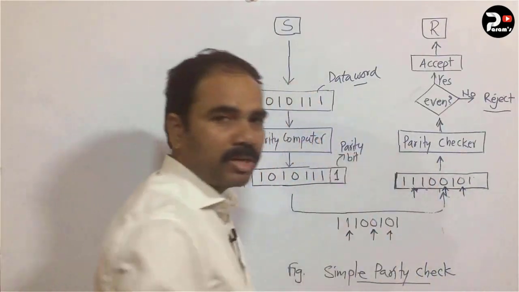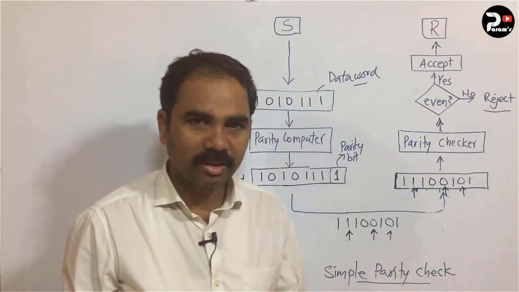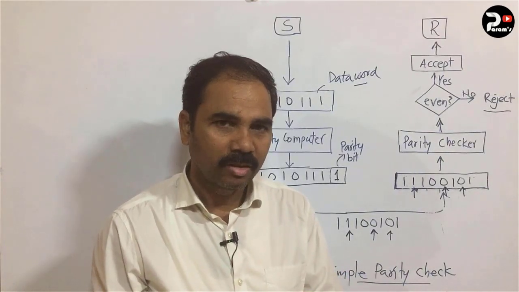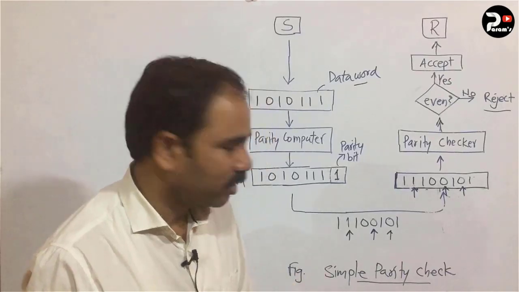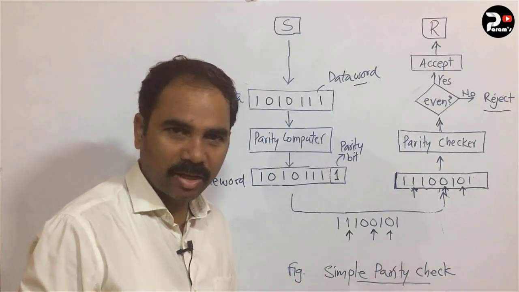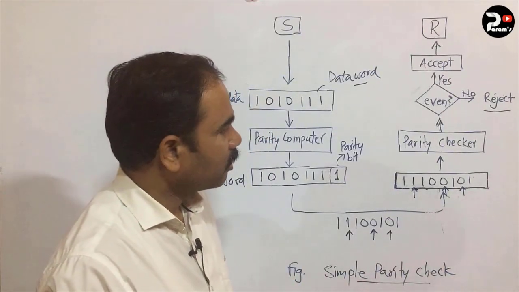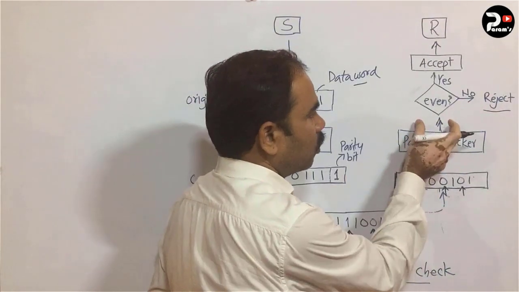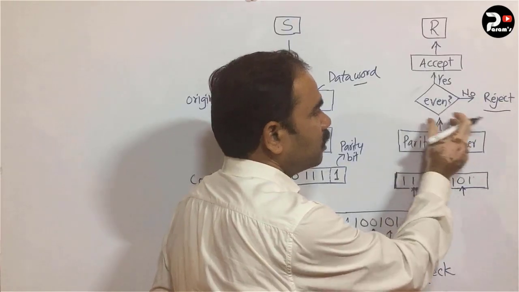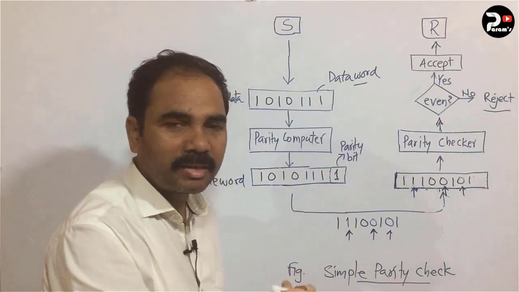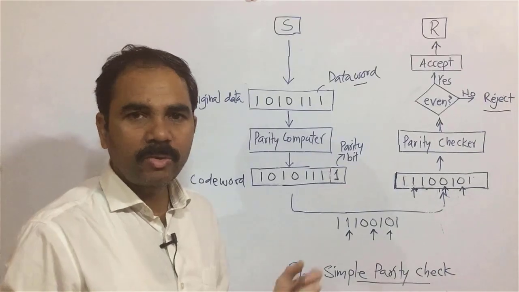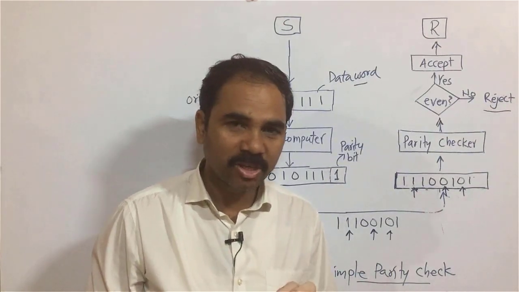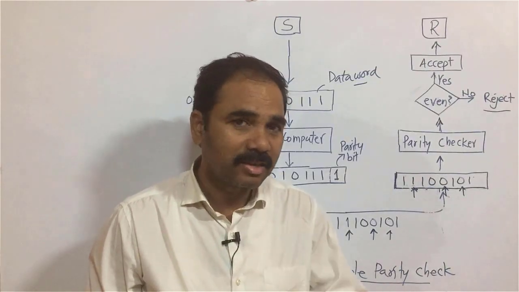When this data unit is given to a parity checker, it will check the parity. As there are 5 ones in the received data unit, there is odd parity, and as the data unit has odd parity, this data will be correctly rejected by the receiver. So we say when 3 bits are in error, the simple parity check method correctly rejects the data.